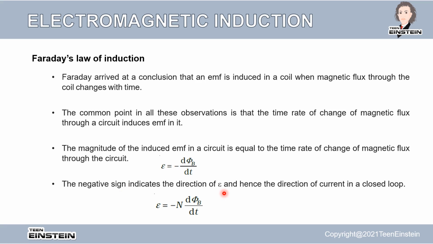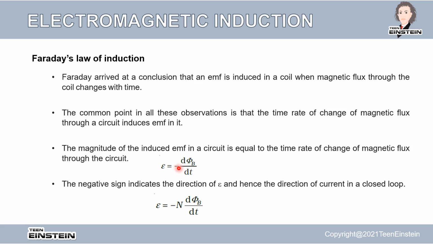See, we can understand it this way. It is like an inertia. Everything in nature wants to stay in its own way when you try to change it. Similarly, when you change the magnetic flux, the current is produced in such a way that it opposes the change in the magnetic flux. We will see this further in the next slides.